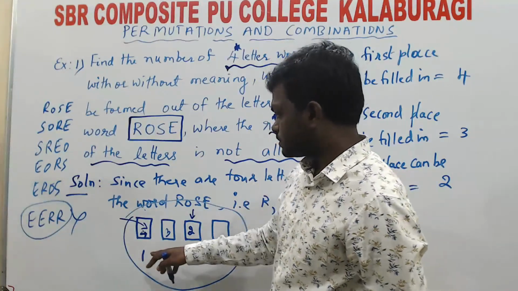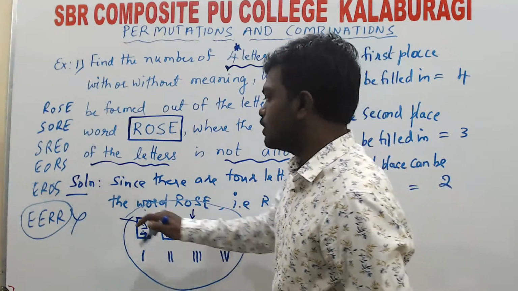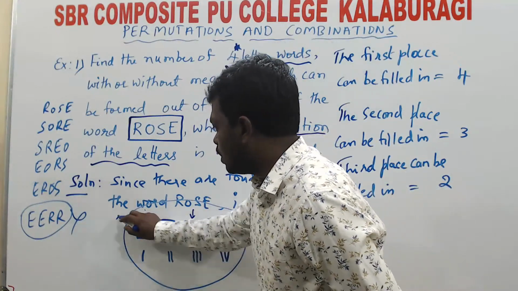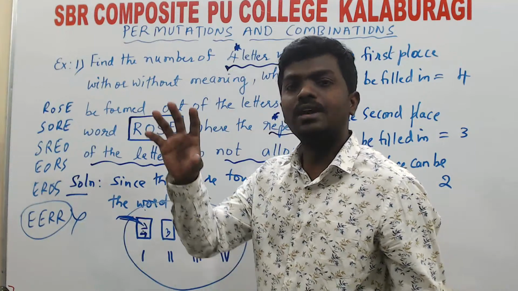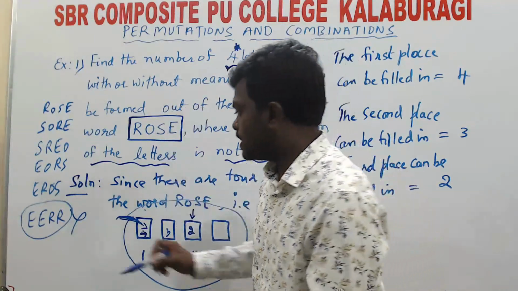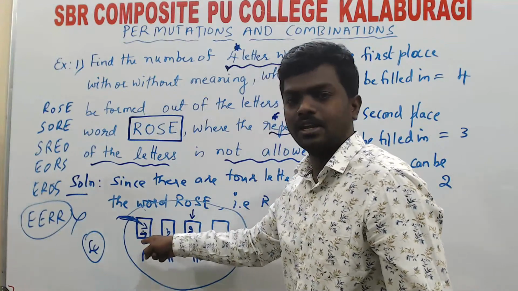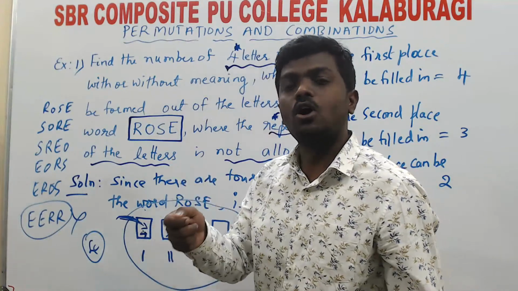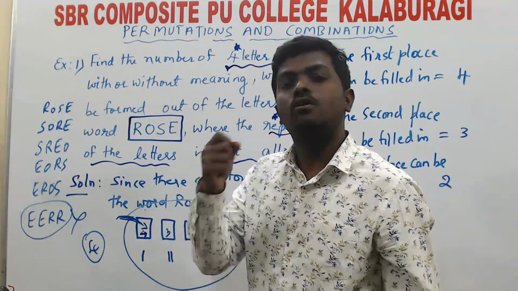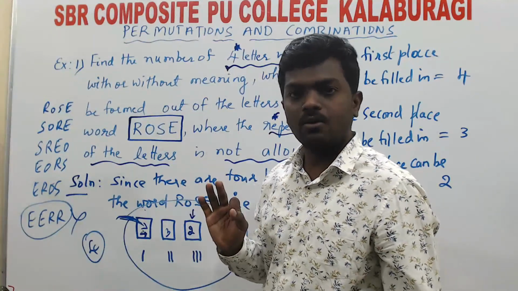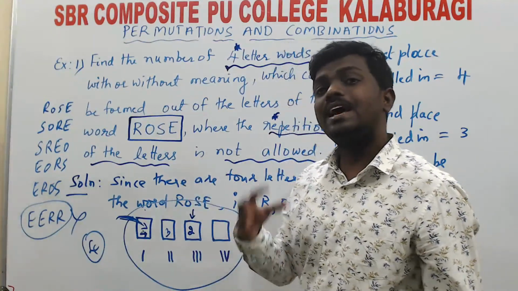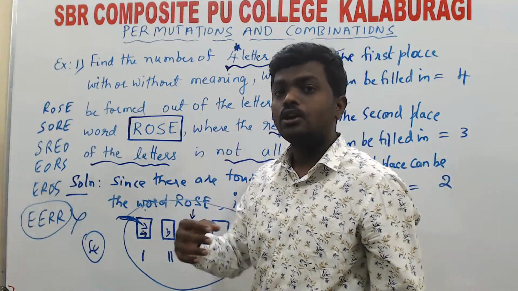Now, have you understood? The same way, in the beginning how many options do we have? Four options. Out of four, any one we can fill here. So to fill the first box, how many options do we have? Four. One is filled now, how many are left? Three.